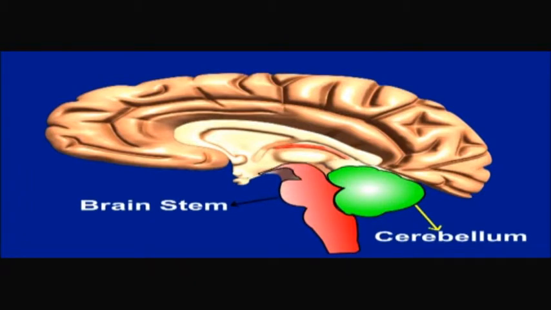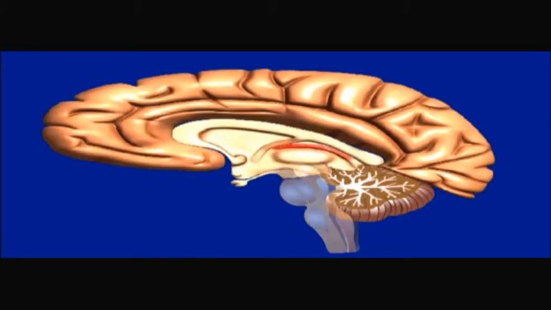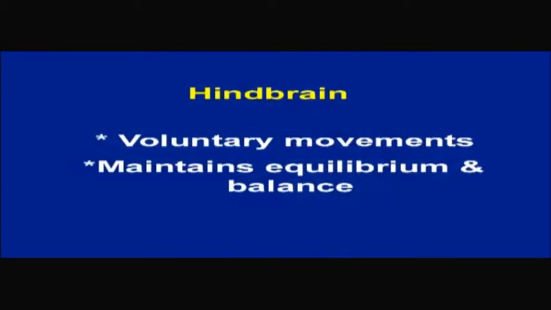Cerebellum lies behind the cerebrum, and is connected with forebrain, midbrain and also brainstem. This also has grey matter on surface and white matter in the deeper layers in the center. It regulates the voluntary movements of the body and also maintains equilibrium and balance of the body.